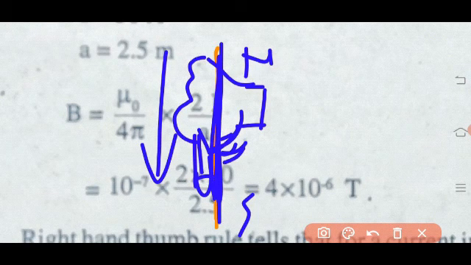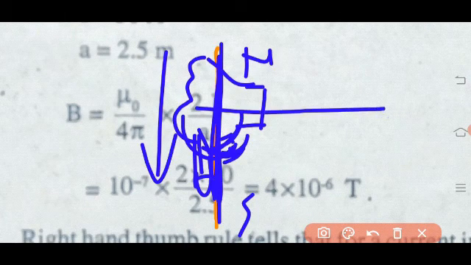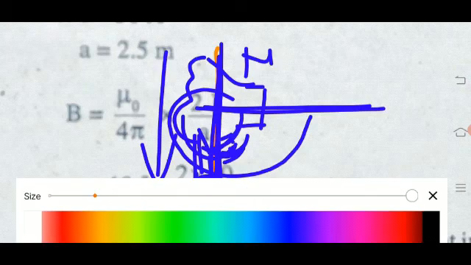Then the curled fingers will show the direction of the magnetic field. The direction of magnetic field is in the direction of east showing outward.